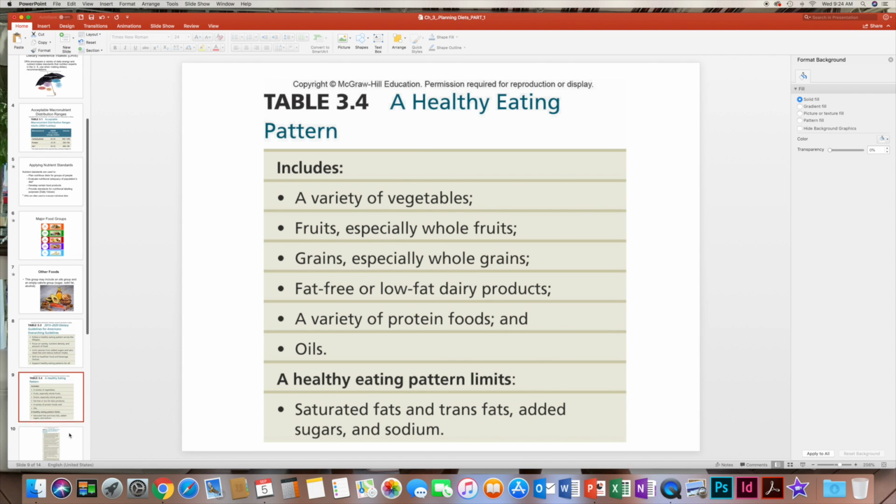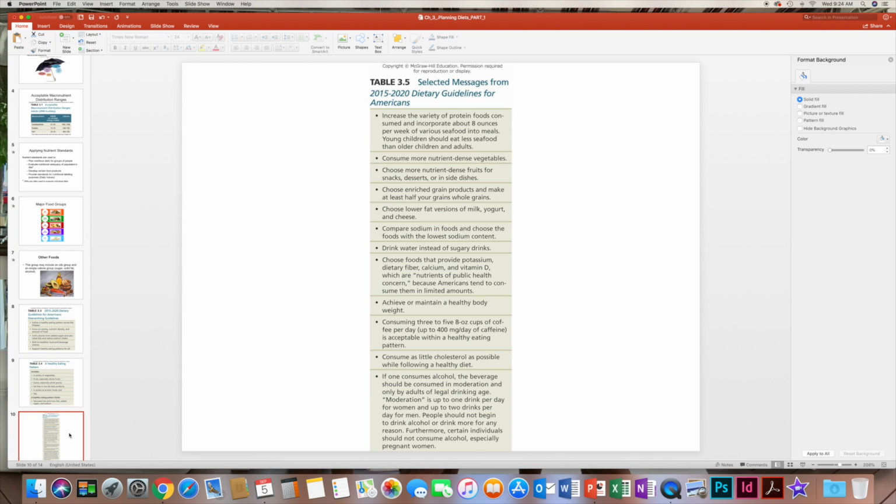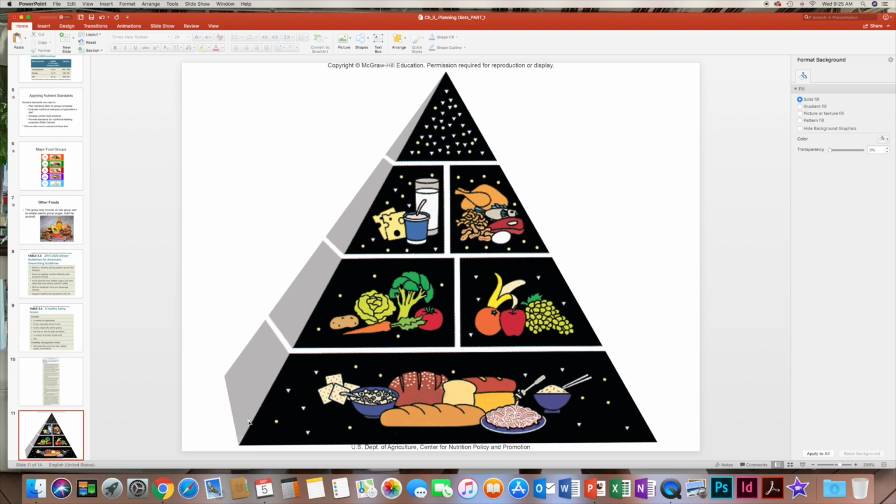So when you're planning a nutritious diet, it's really important to think about increasing all of these nutrient dense vegetables and foods, and choosing lower fat versions of milk and dairy. That's helping you to maintain a healthy body weight, which will help you to consume less cholesterol, and it ends up overall creating a healthier version of you.